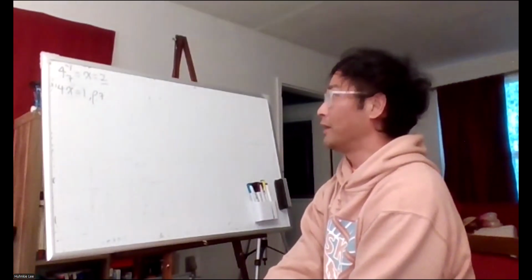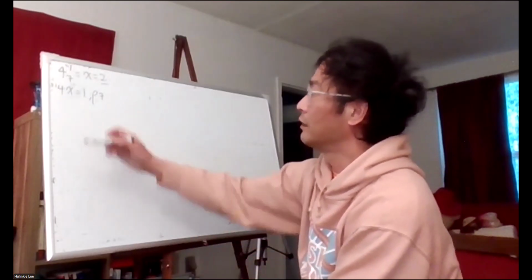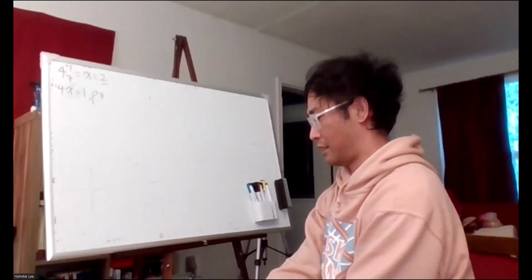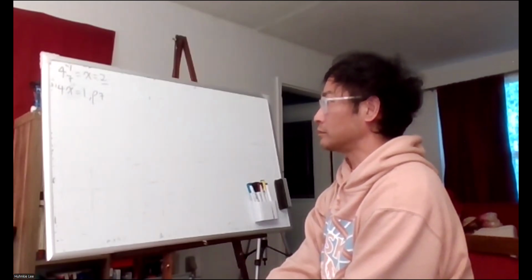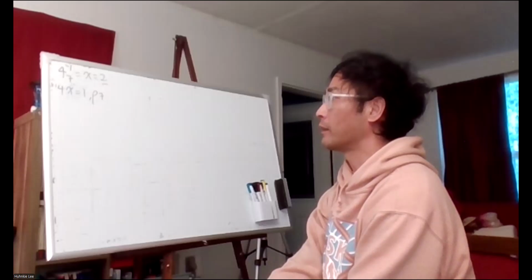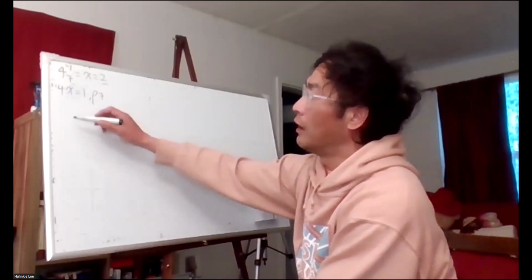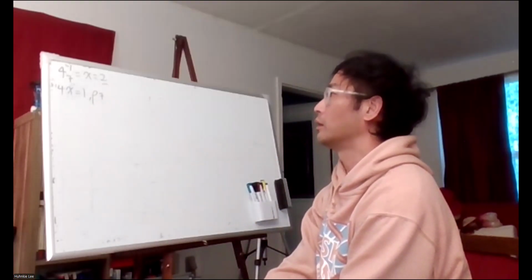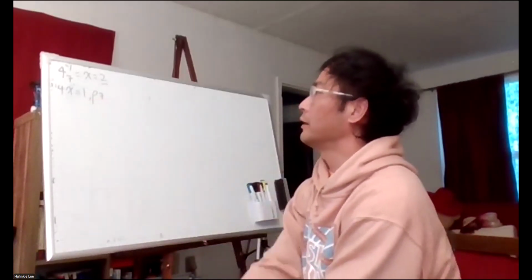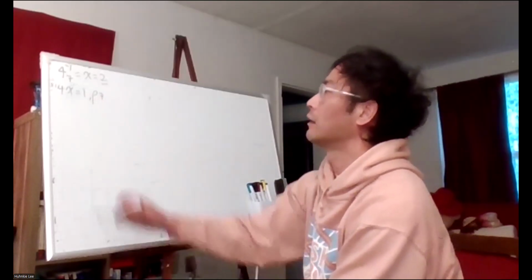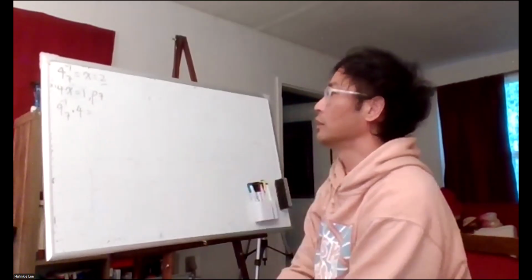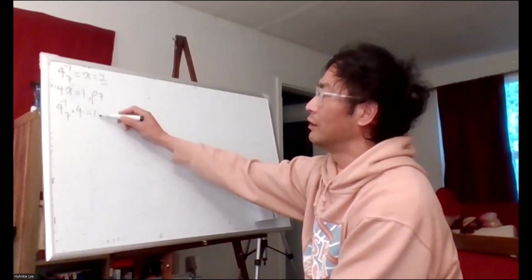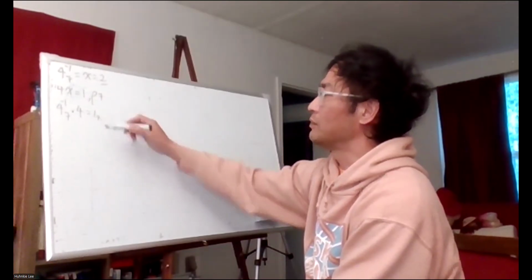But let's say 4 inverse 7 times 4 is 1 row 7, okay? The subscript convention.